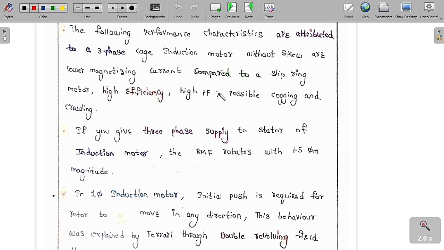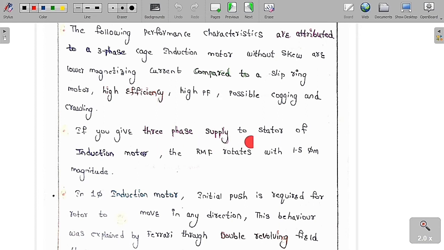Or if you go for skewing, I have already told you, if you do the skewing in the rotor slots of a squirrel cage induction motor, cogging and crawling are absent, and the efficiency is very less, the power factor is also less, and the magnetizing current is very high. These are the things that will happen if you go for skewing. So without skewing, crawling and cogging are present, higher efficiency, higher power factor, and lower magnetizing current. These are the things that you always have to keep in your mind.